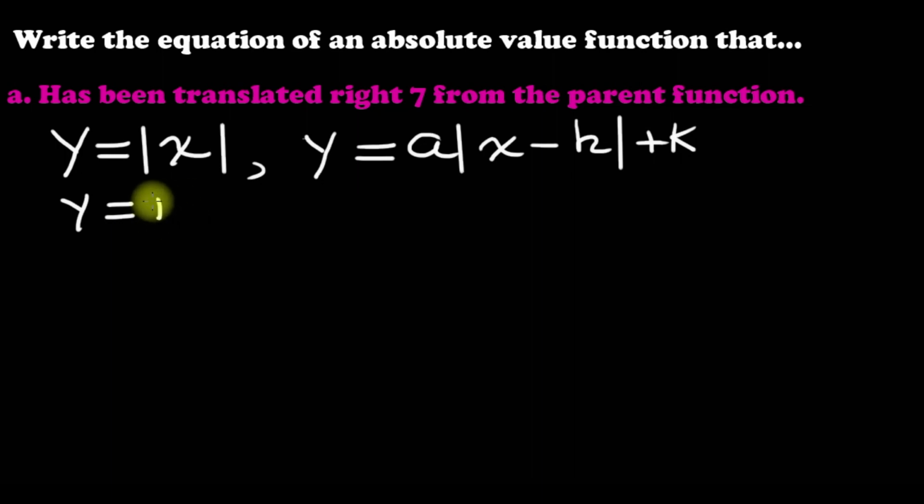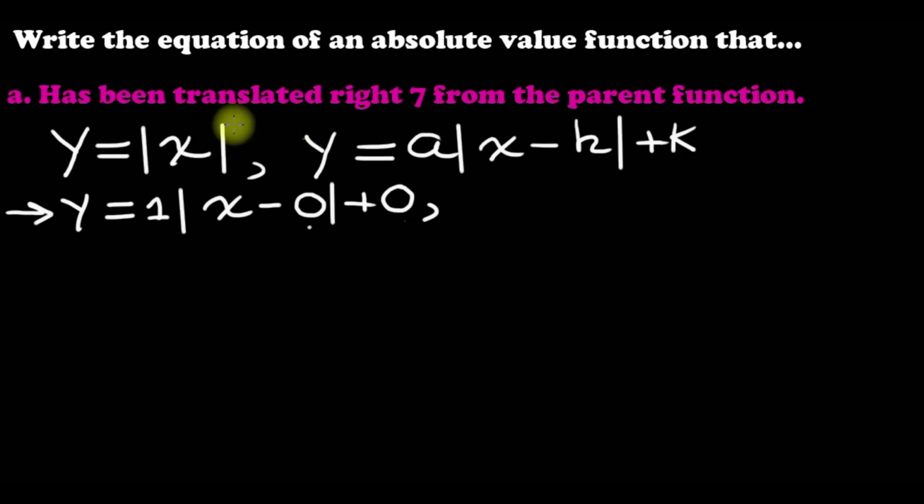You don't need to put the 1 there if you don't want to. The parent function, and then x minus h. So the h of the parent function is 0, and then the k is 0. This right here is the parent function, because the h is 0 and the k is 0 for this one up here.